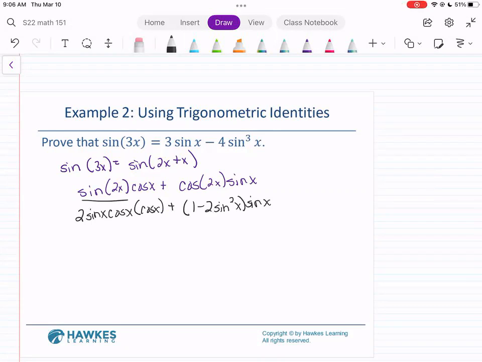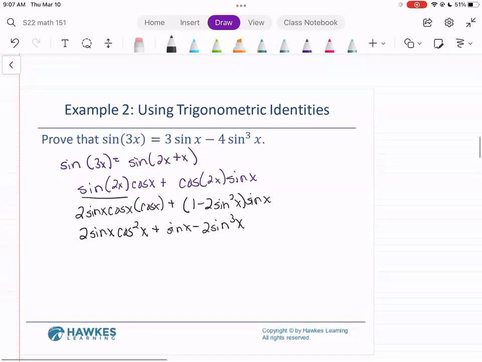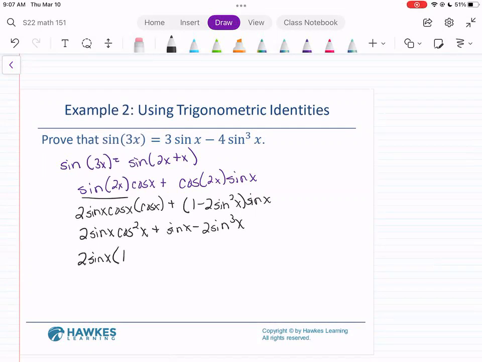As we simplify, we get 2 sine x cosine squared x plus sine of x minus 2 sine cubed of x. Then we can do some reducing and simplifying here by plugging in our Pythagorean identity. This becomes 2 sine x times (1 minus sine squared of x), that's from the cosine squared of x, plus sine of x minus 2 sine cubed of x.